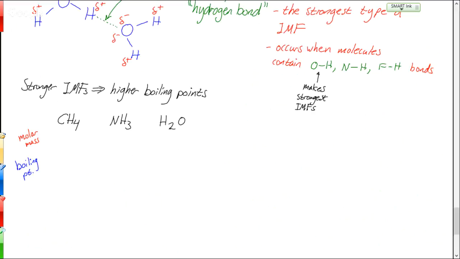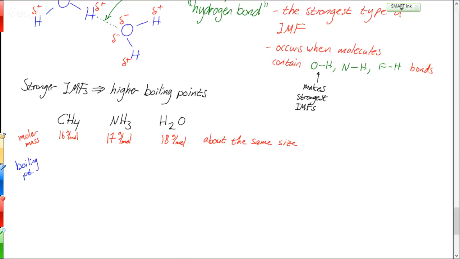All right, so the molar mass of CH4 in grams per mole is 16. Ammonia is 17. And water is 18. So about the same size. Even though it looks like there's a trend there, it's a pretty small difference. So we're going to say about the same size.